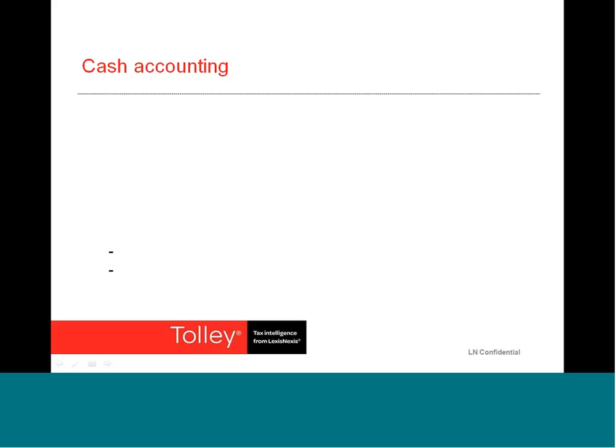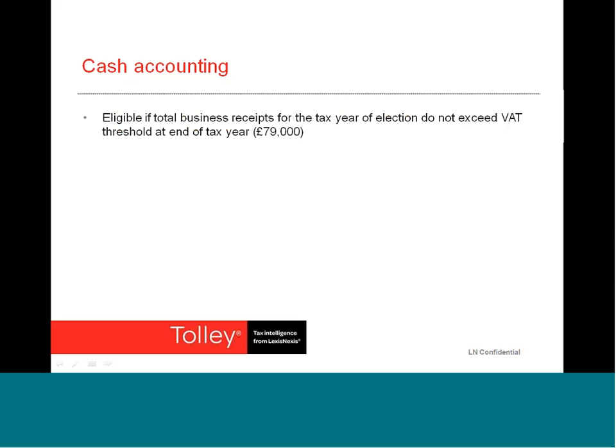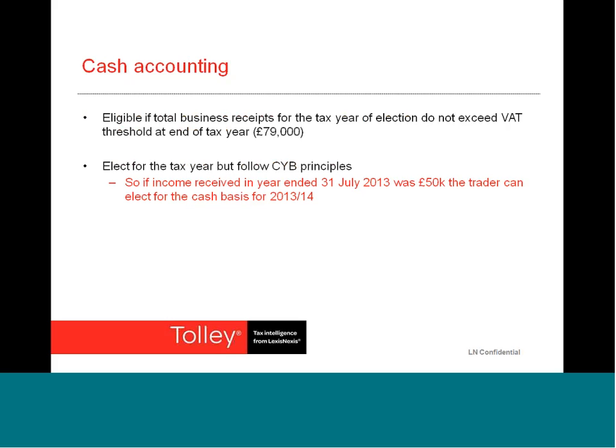So let's start off with cash accounting and have a look in more detail about the new rules there. As I said before, your business is eligible to go into this cash accounting scheme if you are not exceeding the VAT registration threshold. Now, to decide whether you're exceeding that threshold or not, we're looking at our normal current year basis principles.